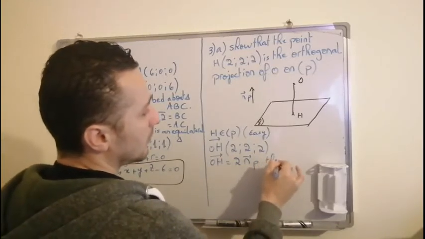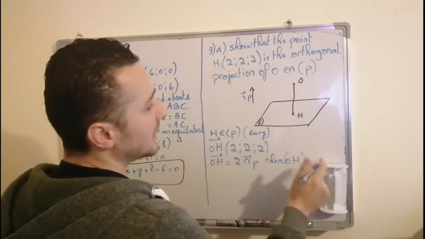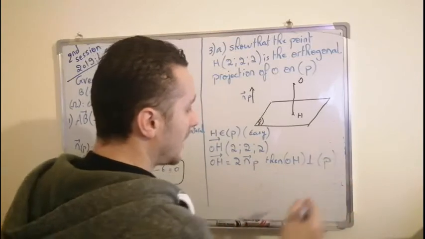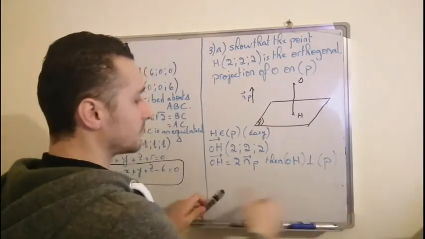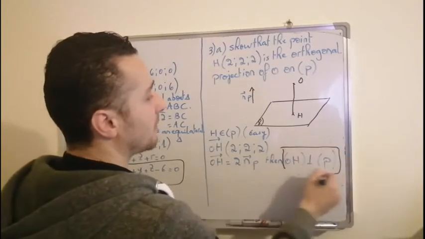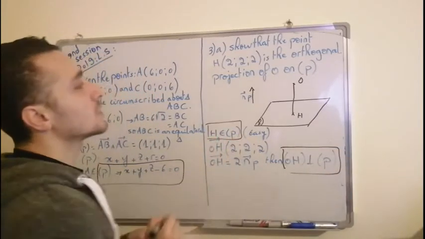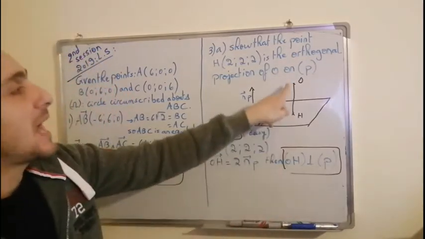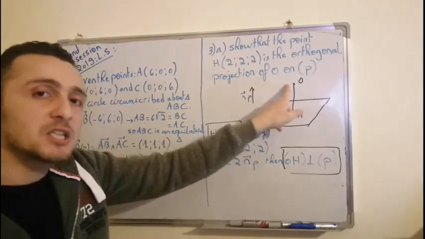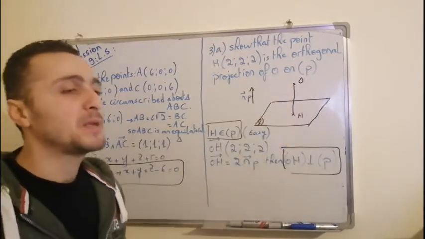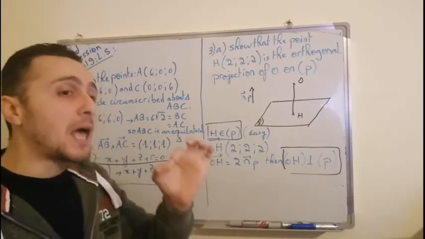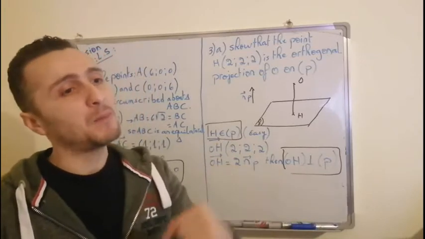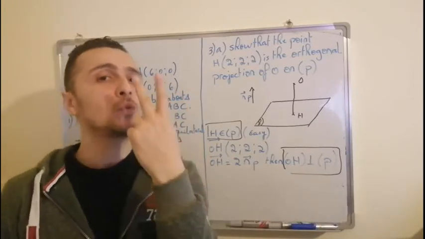Then OH is perpendicular to the plane P, and the point H belongs to the plane P. So now we can say that H represents the orthogonal projection of O on the plane P. We repeat: to prove that a point represents the orthogonal projection of a point on a plane, we have to show two statements.